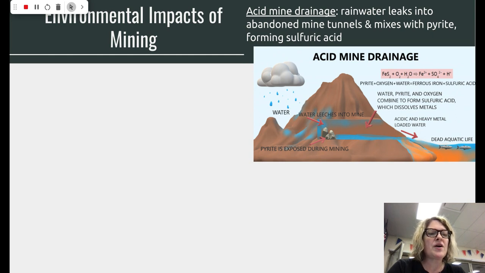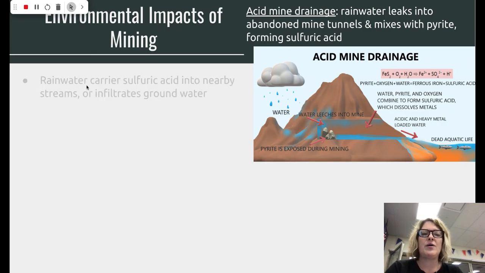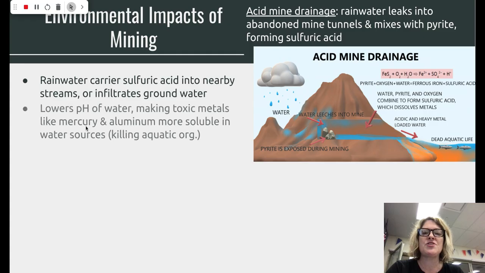But when the water and the oxygen combine with pyrite, it forms something called sulfuric acid, which I'm sure you're familiar with. And so this is a real problem in mines because that sulfuric acid can then get carried away into nearby streams. It can infiltrate groundwater, and what it does is it lowers the pH.